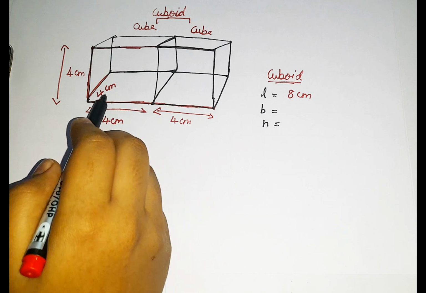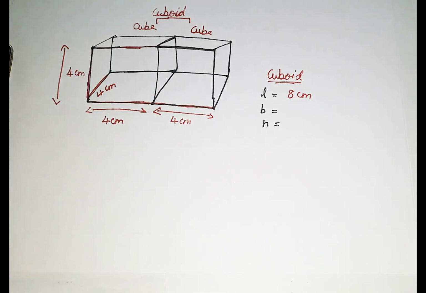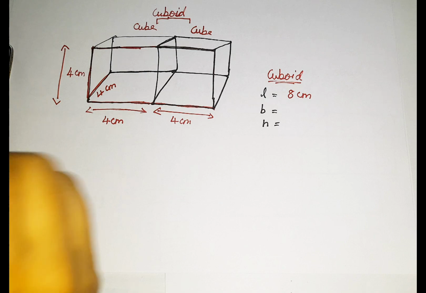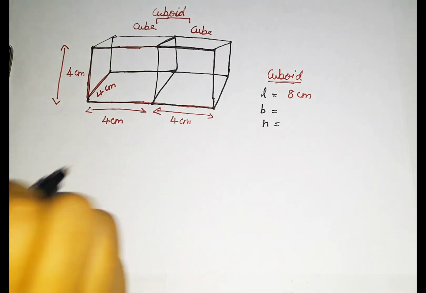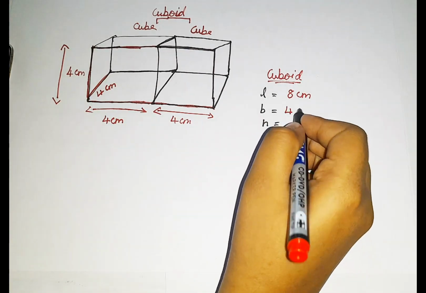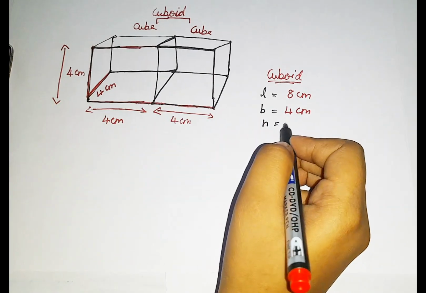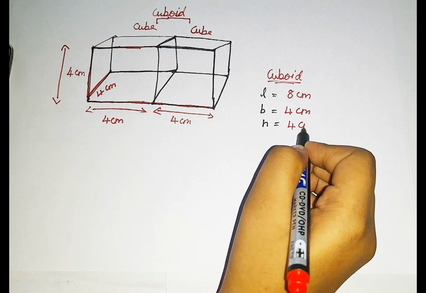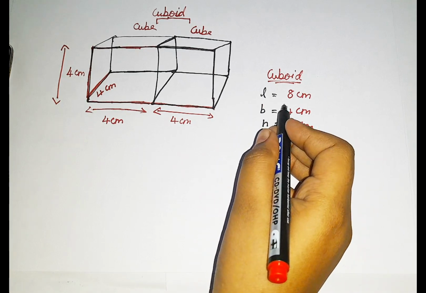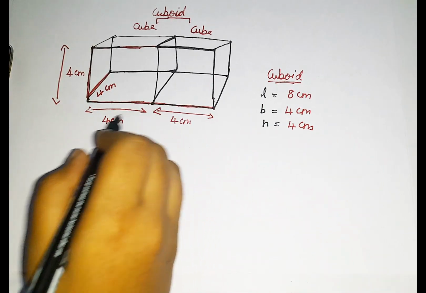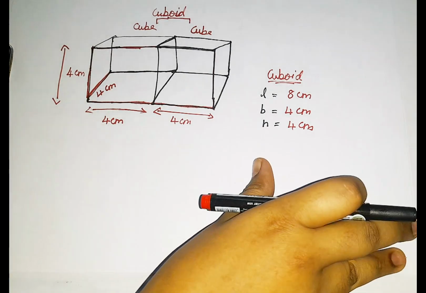So no change at all. All the height will be 4 centimeters. Only for length it will change. So remember that. Breadth is also 4 centimeter and height is also 4 centimeter. Remember, only for length it will change, because we have the cubes separately like this. Now what are we supposed to find?